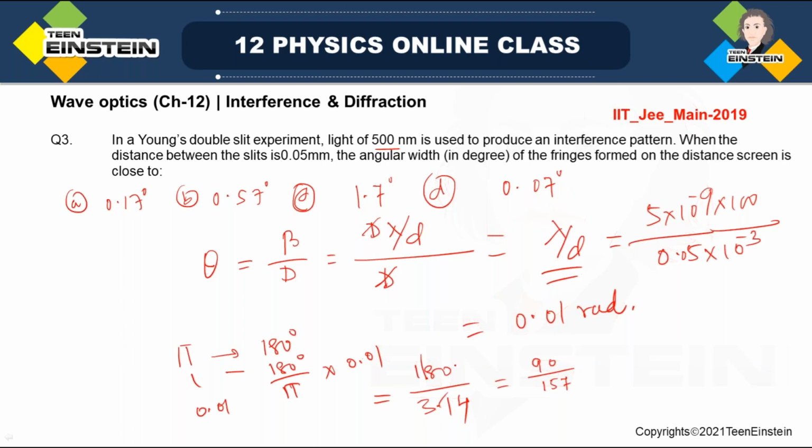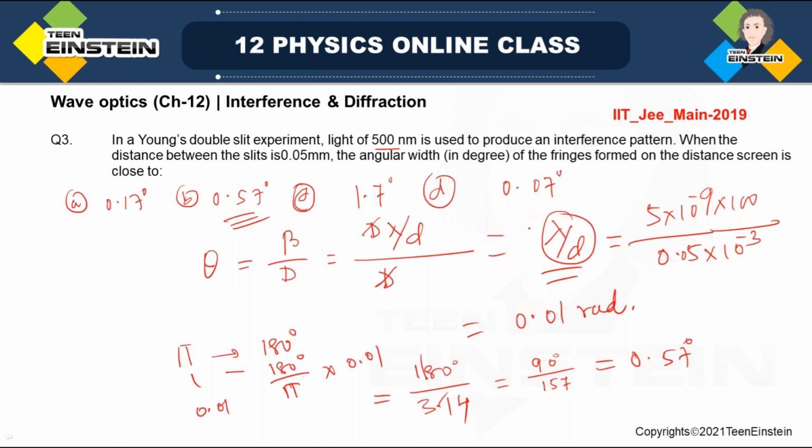If we calculate it properly, this will come around 0.57 degree. That means 0.57 degree is the correct answer. So you have to remember this point.